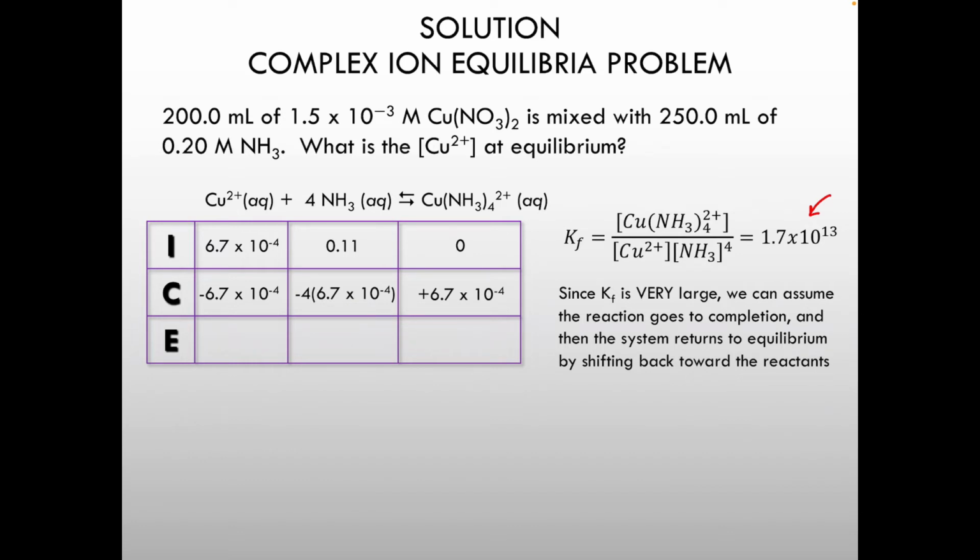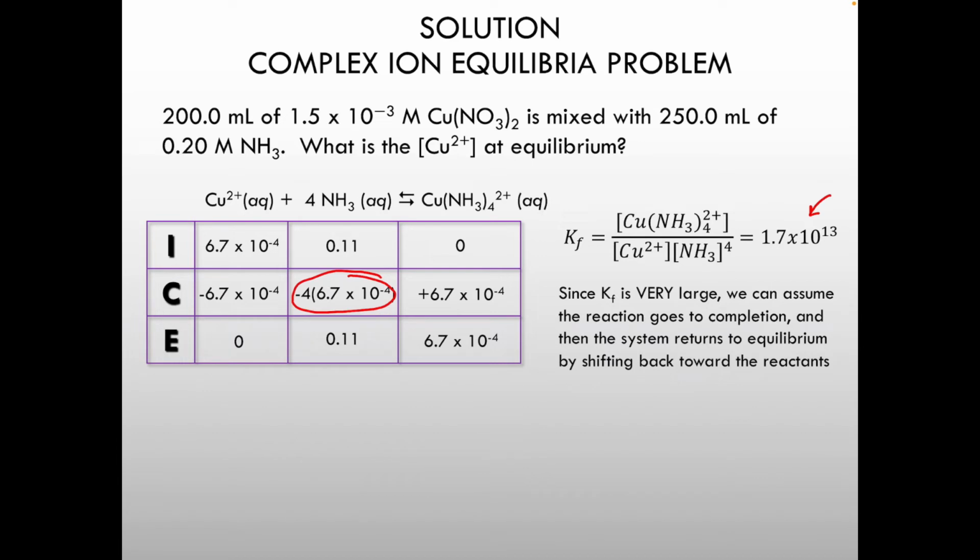But this, by inspection, will just save you a little bit of time because our copper concentration is so small. So we'll use that as our X value. So we'll have minus X on our reactants and minus 4X for our ammonia, and then plus X on our products. So then we can add everything straight down. It's important to note that when we add this, right, this value is so small that for significant figures, it doesn't change the concentration of our ammonia at all.